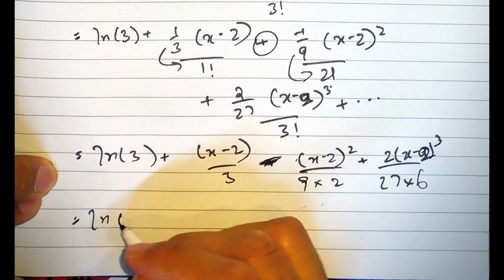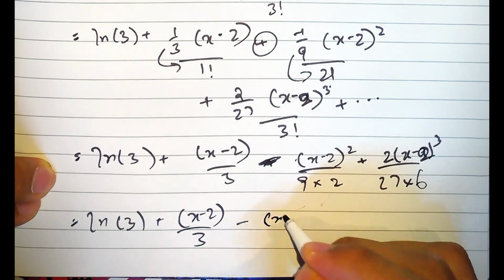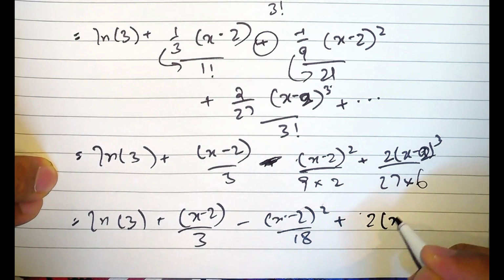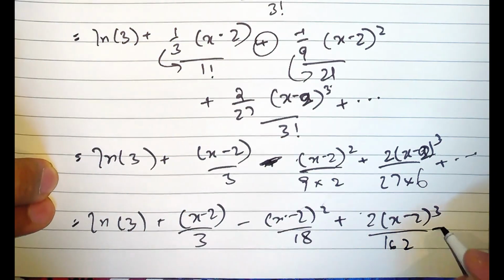So we have natural log of 3 plus (x minus 2) divided by 3, minus (x minus 2) whole squared divided by 18, plus 2(x minus 2) cubed divided by 27 multiplied by 6, which gives us 162, plus dot dot dot.